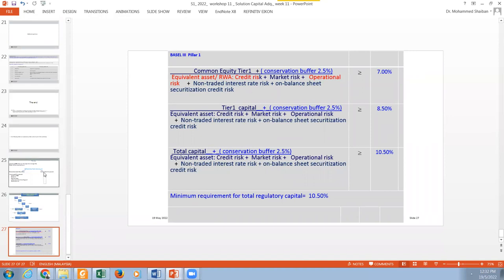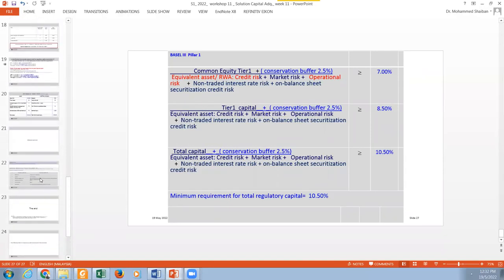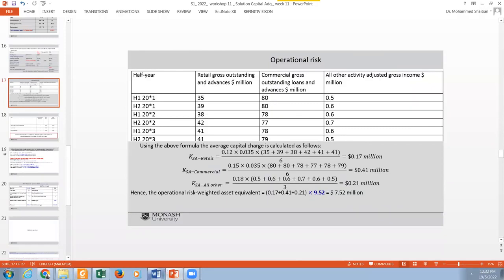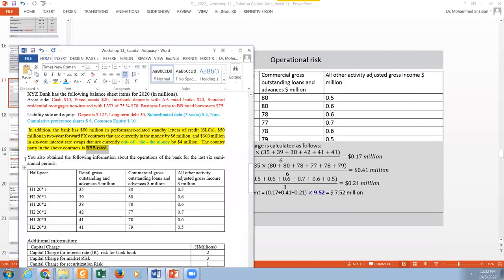Now, the second one, which I didn't discuss in the tutorial, we want to go to the operational risk. The operational risk is the risk coming either from the system or from the people. And Basel were smart. They say, look, to count that, you cannot count it in 1 year.